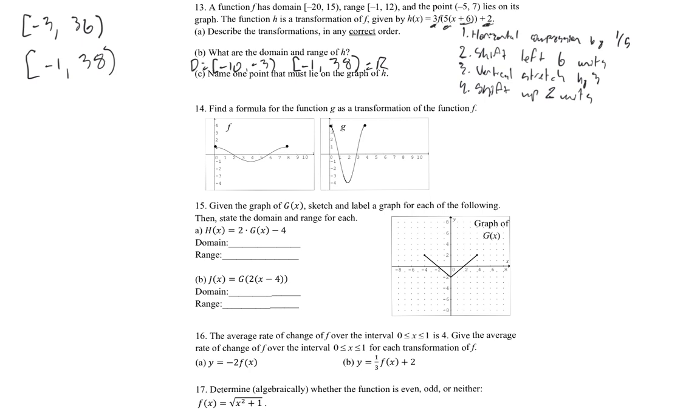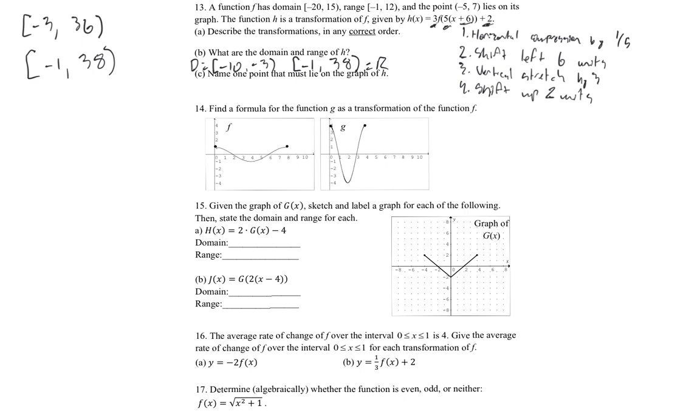Okay, name one point that must lie on the graph of h. Well, we have the point -5, 7 on the regular graph. So what you can do here is apply the transformations to the point.